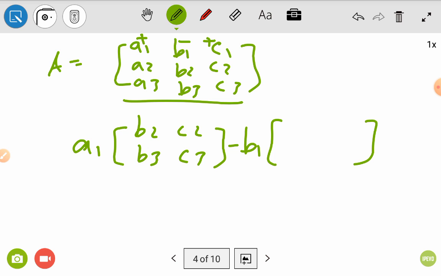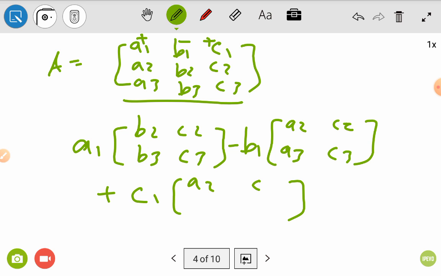The remainder will be A2, C2, A3, C3, plus C1. C1, the last element in the first row, you cancel this row and this column, and the remainder will be A2, B2, A3, B3.